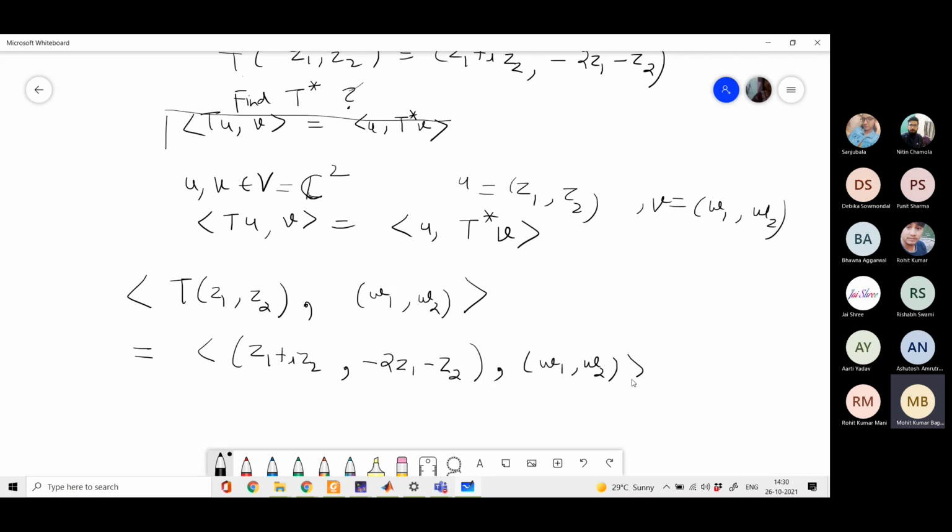And what is the inner product given in this question? Standard, sir. So the standard inner product over complex, u dot v bar. If you apply this definition, this is (z1 plus i z2) w1 bar, and (minus 2 z1 minus z2) w2 bar.